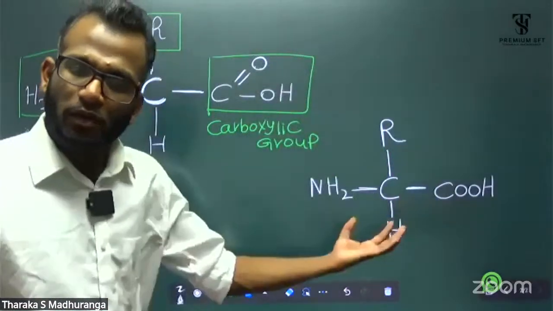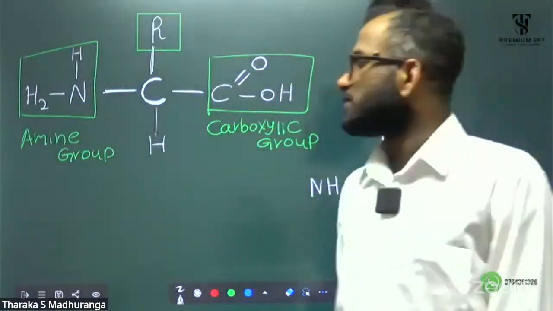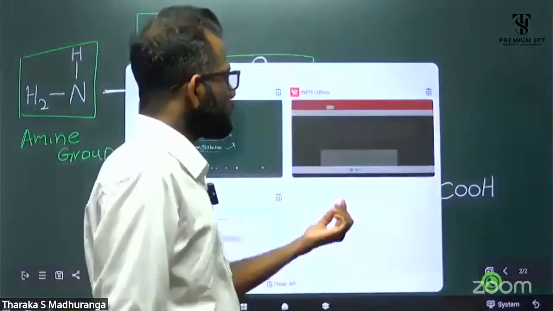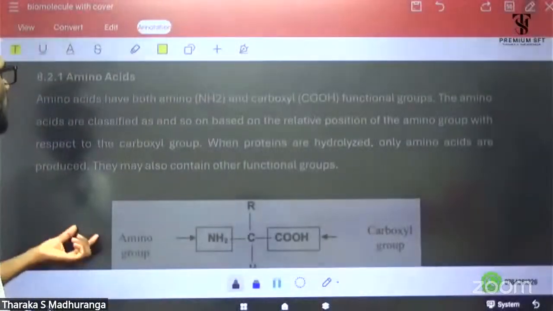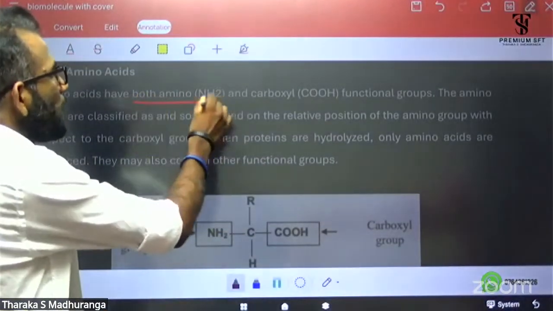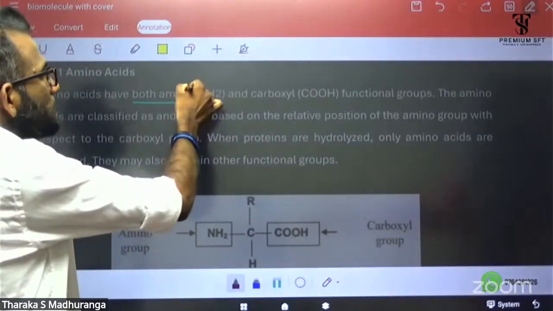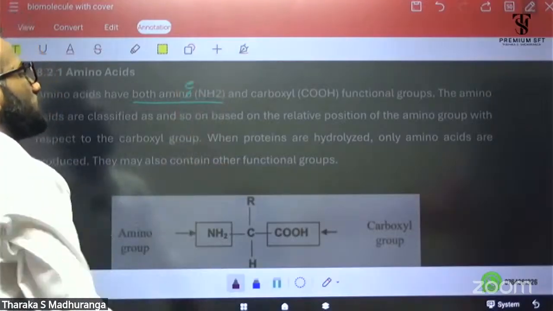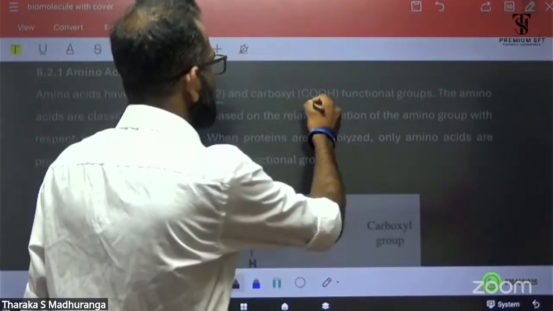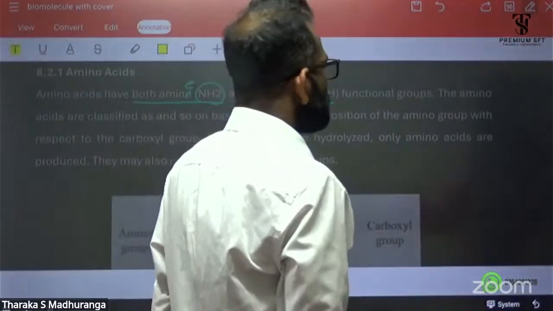That is the common structure of the amino acid. An amino acid has both an amine group, NH2, and a carboxyl group, COOH. These are functional groups.